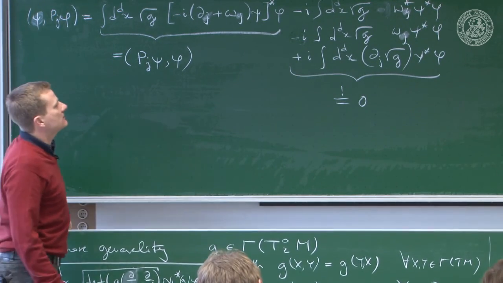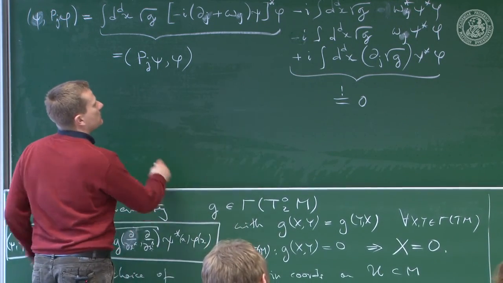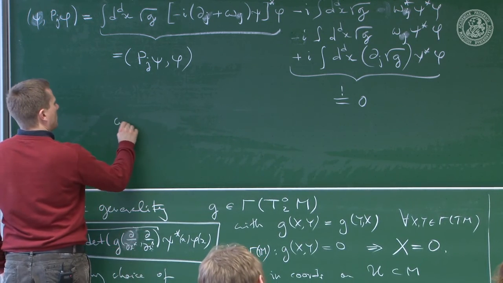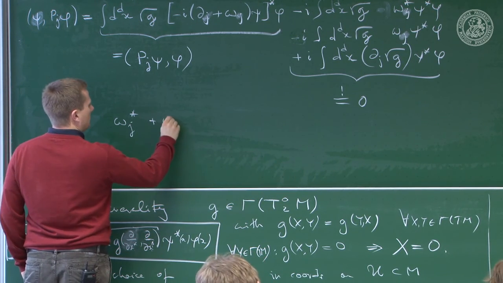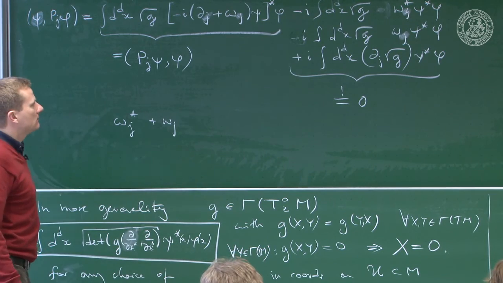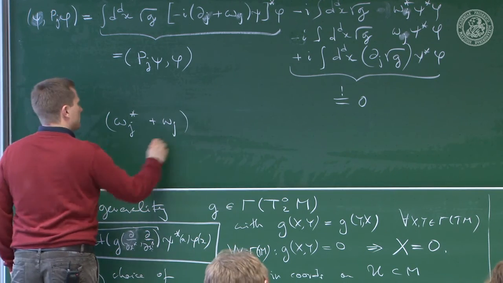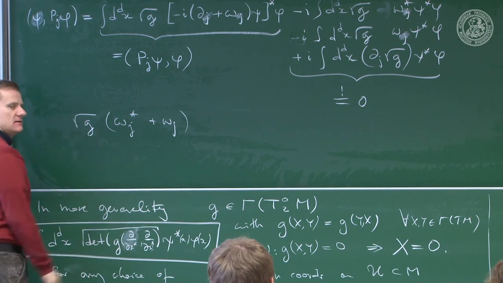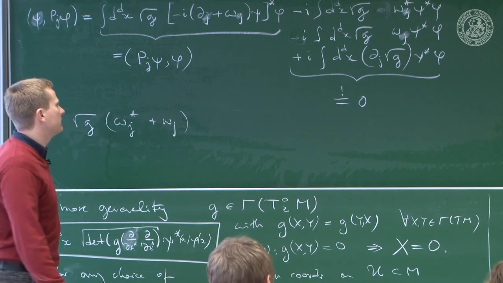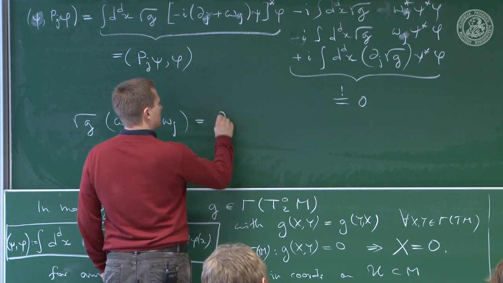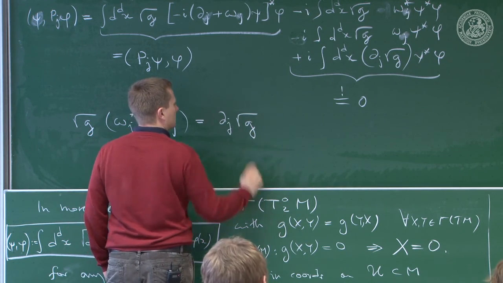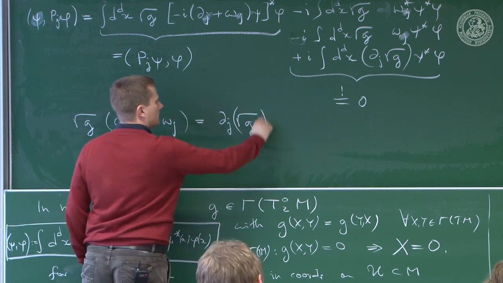So how do we get this? Well, we get this by omega j star plus omega j, but both of them still coming with this factor square root of the determinant of g, must be the same as del j of the square root of the determinant of g. Right?